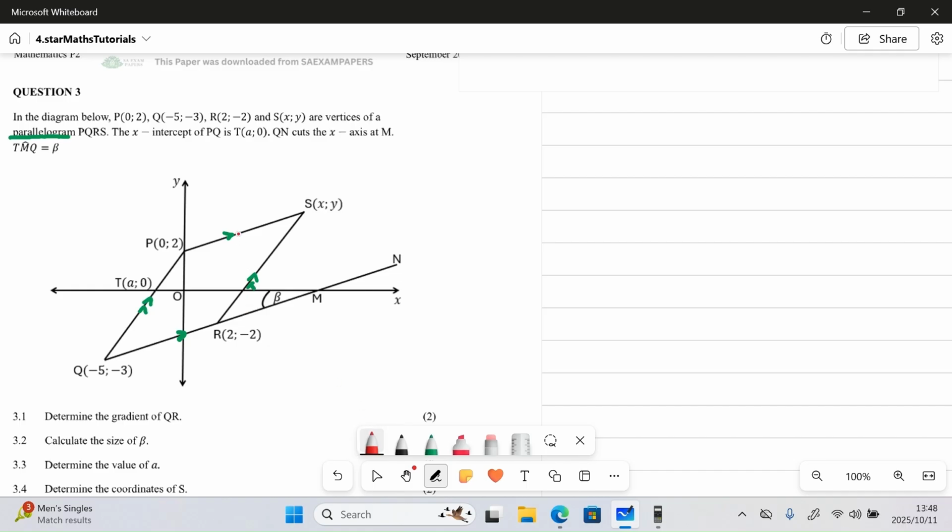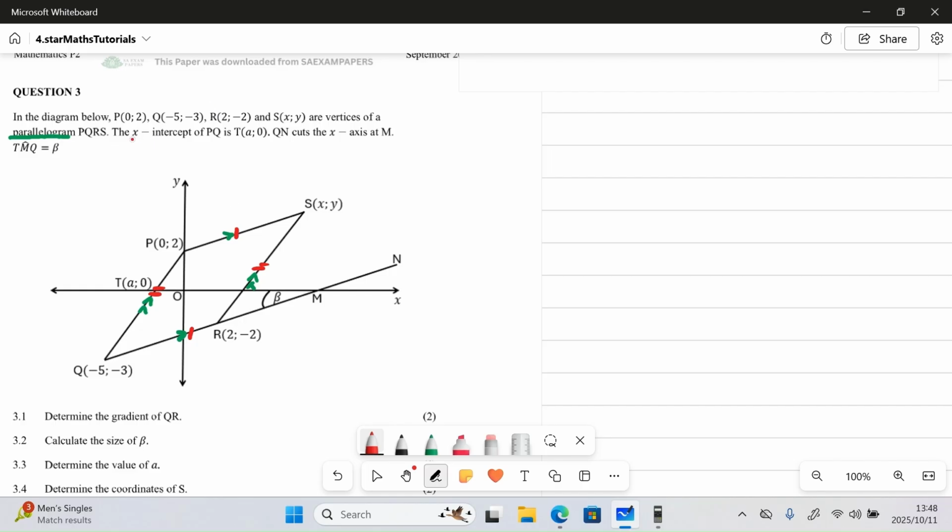This side is equal to that one. If it's a parallelogram, diagonals bisect each other, meaning the midpoint of QS is equal to the midpoint of PR. Meaning you must know the properties.